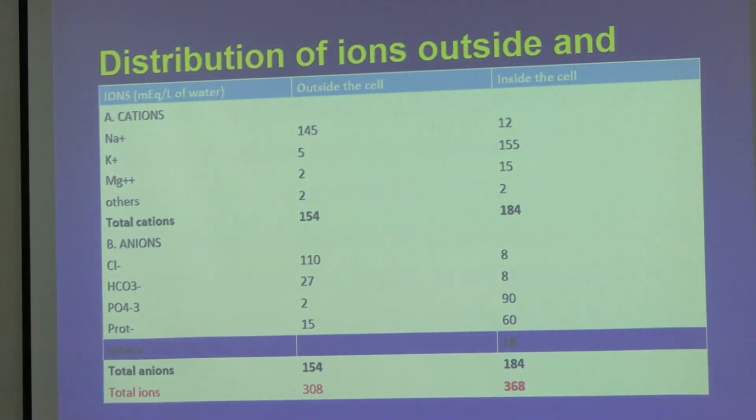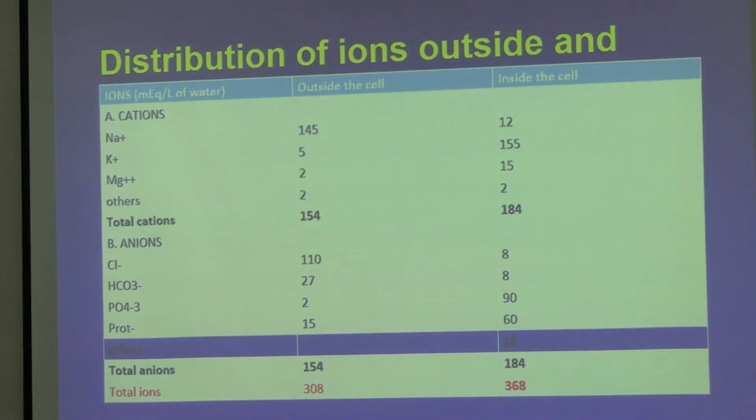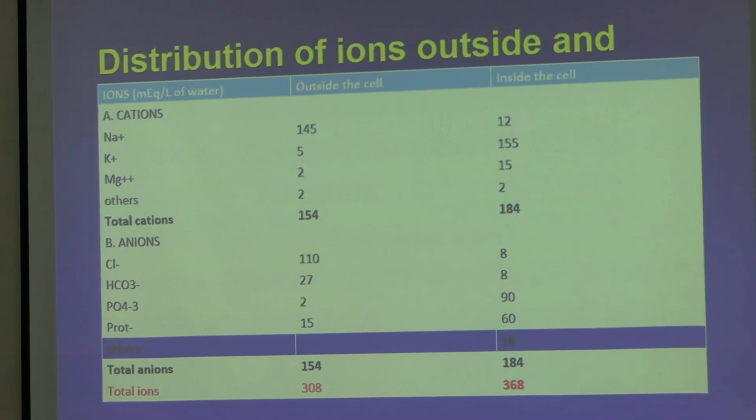Go through the sodium ion and potassium ion, their levels inside and outside, the chloride ion inside and outside. These are the main ions, and the protein ions inside and outside, because they are the contributing factors. These ions are responsible for the generation of resting membrane potential. So try to remember this.